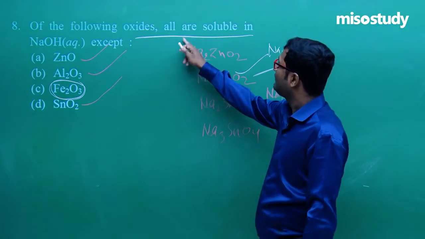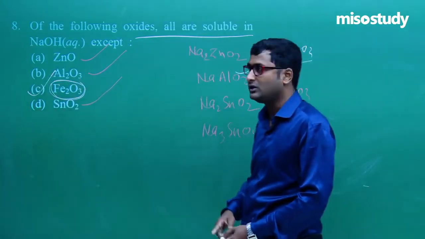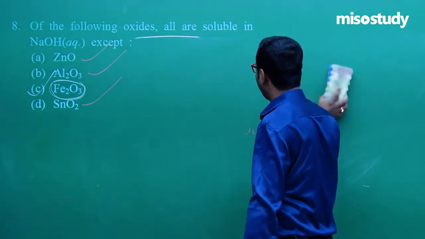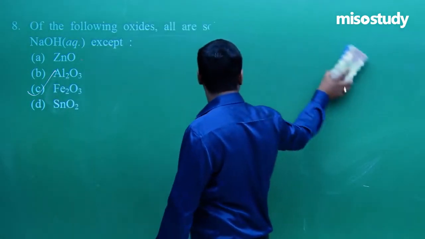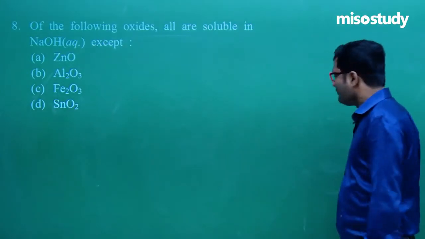All are soluble except Fe2O3. So for question number 8, Fe2O3 is the correct option. Now let's move to the next question.